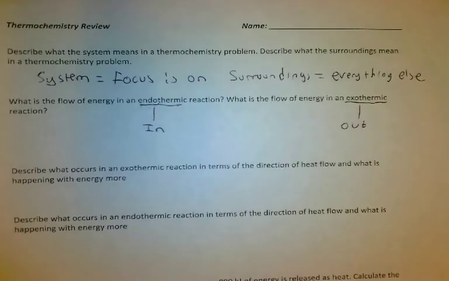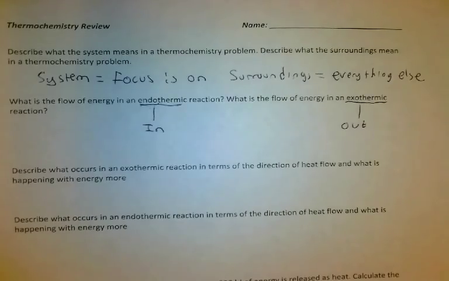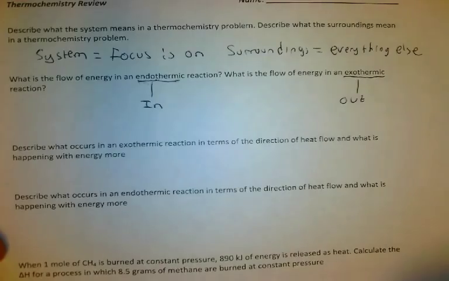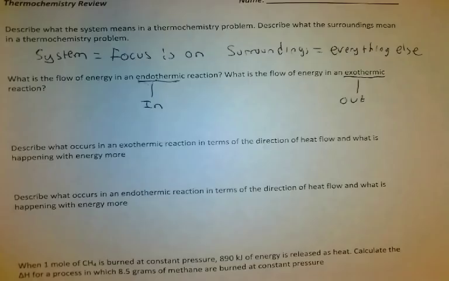For number 3, describe what occurs in an exothermic reaction. So in class we had talked about energy going in to break bonds and being released when bonds are made. In an exothermic reaction, energy has to go in to break the bonds for the reaction to start. When the new bonds are formed, energy is then released.